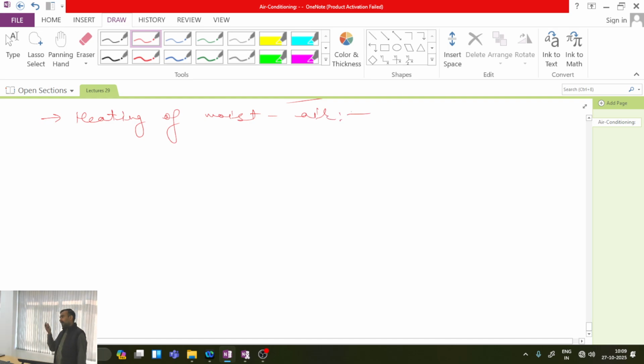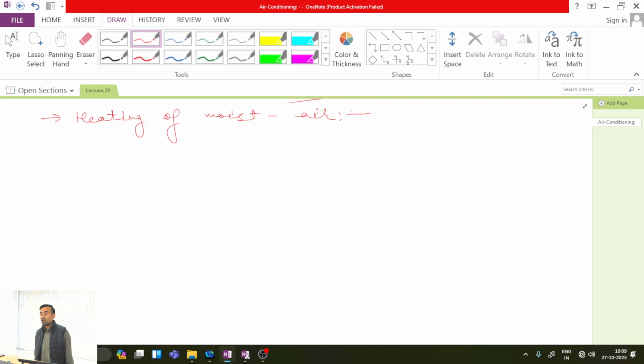Can you give me an example with the help of which we typically do heating of moist air in a room? Have you seen an electric blower? In an electric blower there is one electric coil to which electric energy is supplied, which increases the temperature of that coil, and you see that coil is sometimes red colored when it is at high temperature.